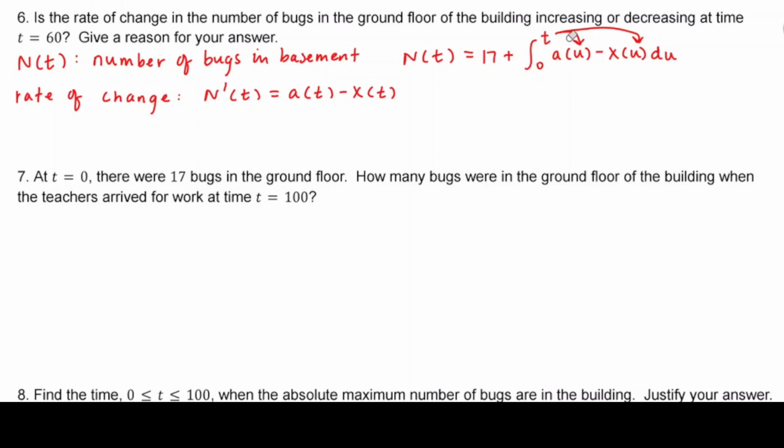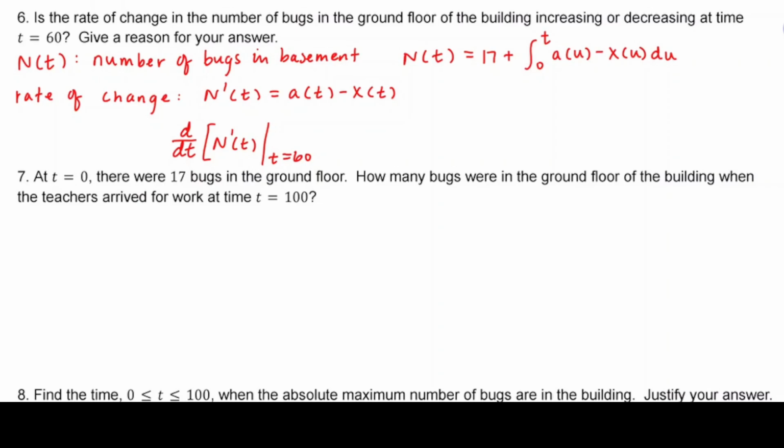And that's something we know: the net rate of change is rate in minus rate out. Okay, so if we're interested in whether something is increasing or decreasing at time t equals 60, we're going to take its derivative. So we're going to take the derivative with respect to t at t equals 60 of n prime, because that's the rate of change, to determine if the rate of change is increasing or decreasing.